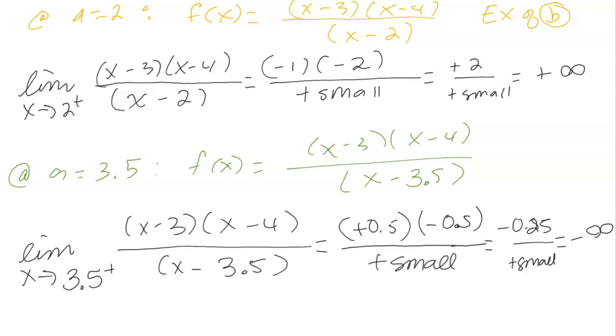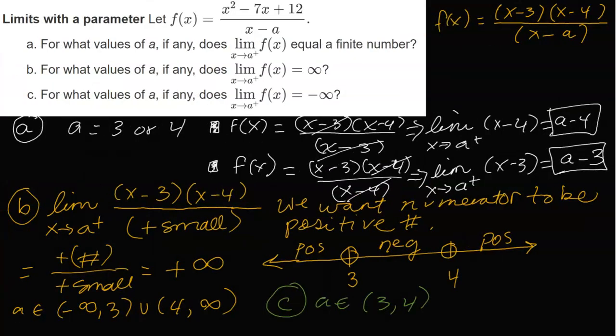And that is what the question had meant to ask in part B and in part C. What can a be so that the function has a limit of positive infinity when x is approaching a from the right? Well, if x is approaching a from the right, the denominator will be a positive small number. The numerator will be a finite number when you do a substitution, whatever a is.